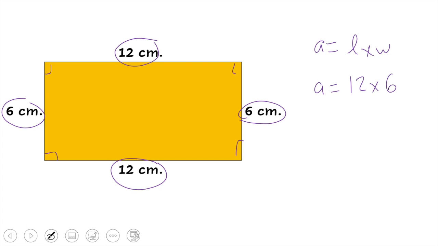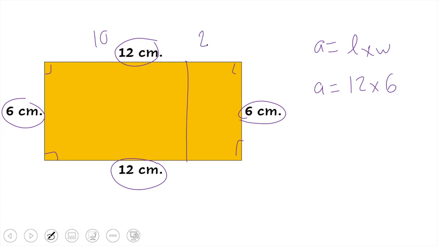Now the other interesting thing about area, especially looking at a rectangle, is you can specifically break it down to look like area model multiplication. So we could break this up into 10 and 2.